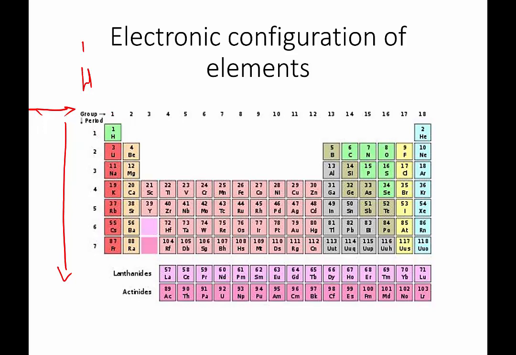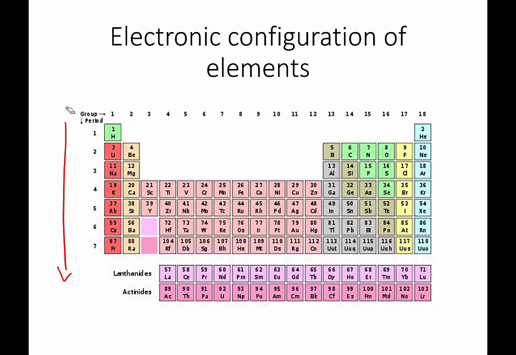Then we can go all the way, for example, to sulfur, with 16 electrons, and sulfur will be in period 3. So that's for us to try to figure out how to fill those 16 electrons all the way down to sulfur, etc.